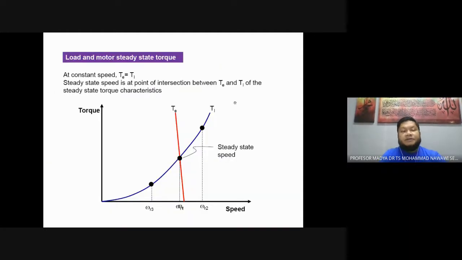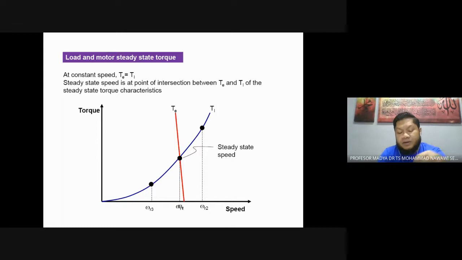Okay, right. So when we think about the rotation of the motor, when the motor rotates, we know that there is a torque from the motor, which is the electric torque, and we also have the load torque, isn't it? The load can be anything. It can be the fan, can be the pump.